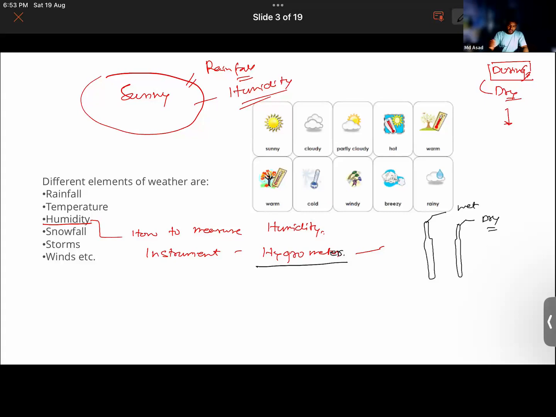Now moving on to the next element: storms and winds. They can be collectively studied as wind speed. So what is wind speed and how is it caused? You have to know that there's a temperature difference. Some part of the earth receives more sunlight, some part receives less sunlight.